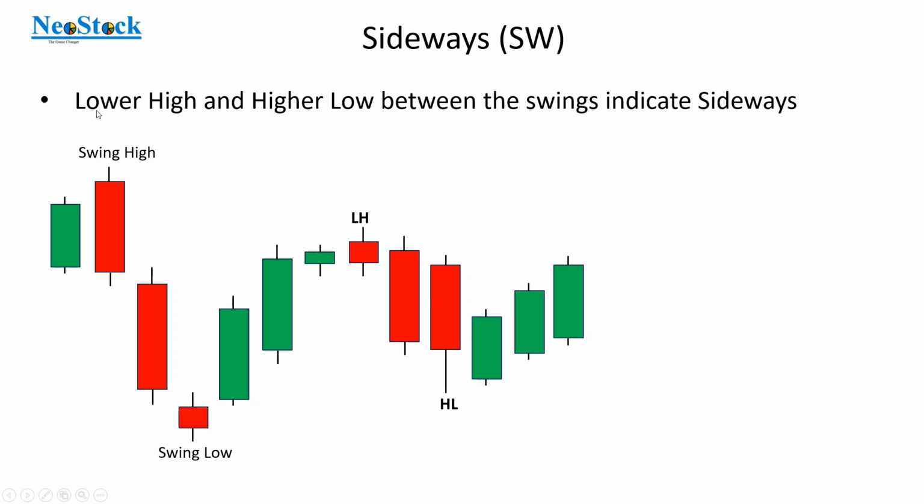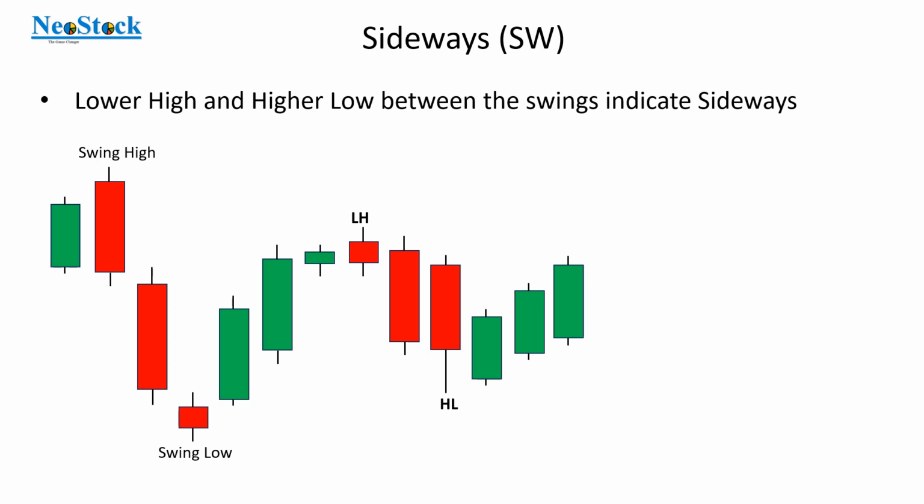So what is this point we learned? Lower high. Do we have lower high? Yes. And higher low. Do we have higher low? Yes. So because we have lower high and higher low, it indicates sideways. Now the trend is not downtrend, the trend is not uptrend.